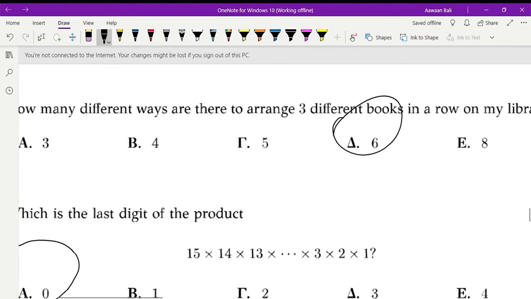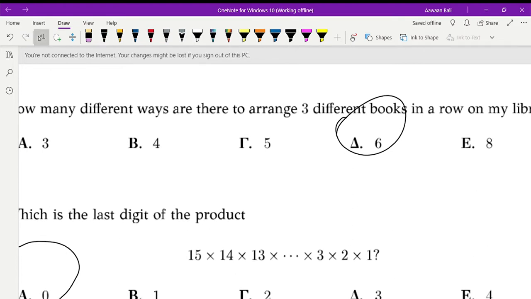So, now since it says 3 different books in a row, the trick when you're doing the arrangement is, let's say n is the number of objects you're arranging. n factorial is the number of arrangements that can happen, where n is a variable for the number of objects there are.